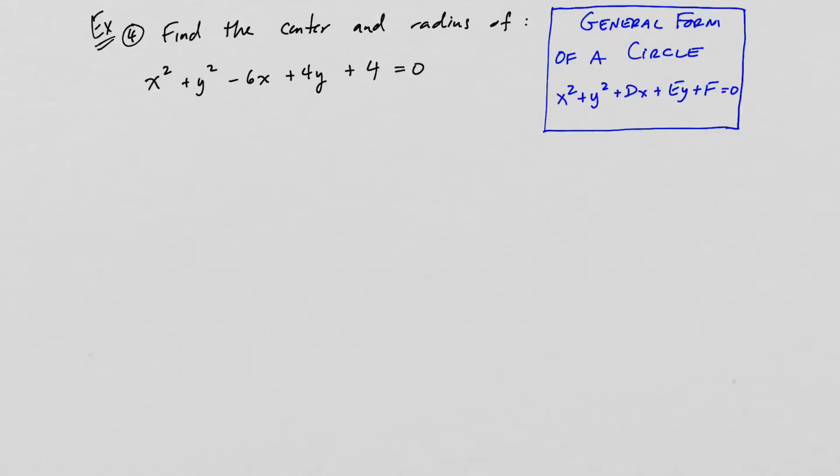So when you have it written in this form, x minus h squared plus y minus k squared equals r squared, this is often called the standard form of the circle. And the standard form is the form that we like, because when it's in standard form, it's easy to see the center is at (h, k) and r is equal to the radius. When it's in general form, you can't easily identify the center or the radius.